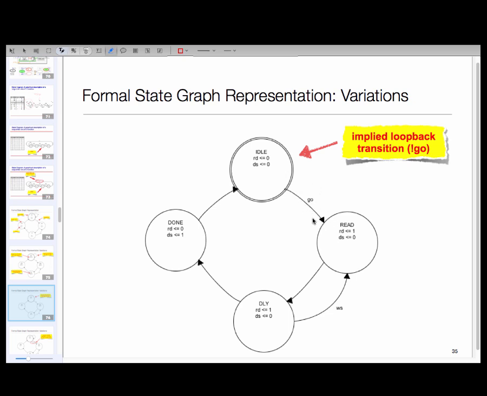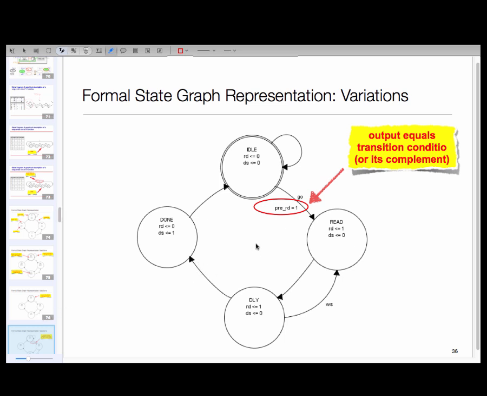By implication, we basically say, if this condition is not true, stay put. So that loop back is implied out here. There was no other loop back, so that was the only place where we had a loop back. So there is an implied loop back with an associated transition condition. So again, this is just to support more compact writing.